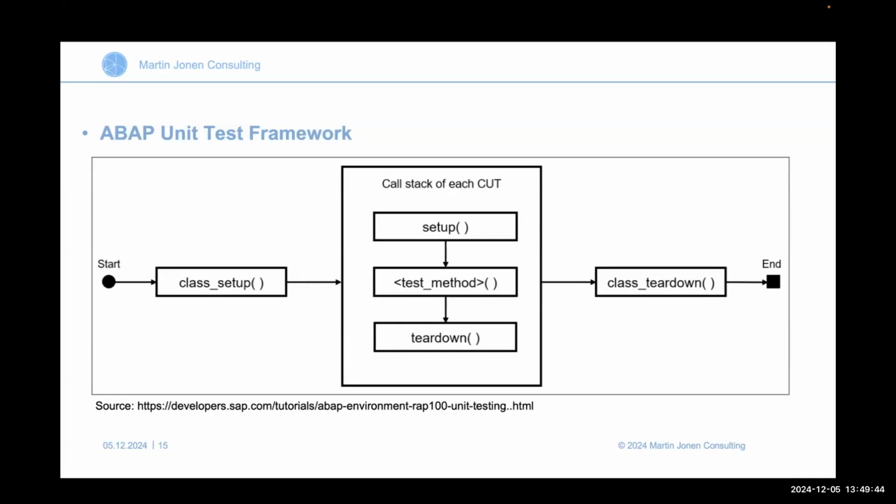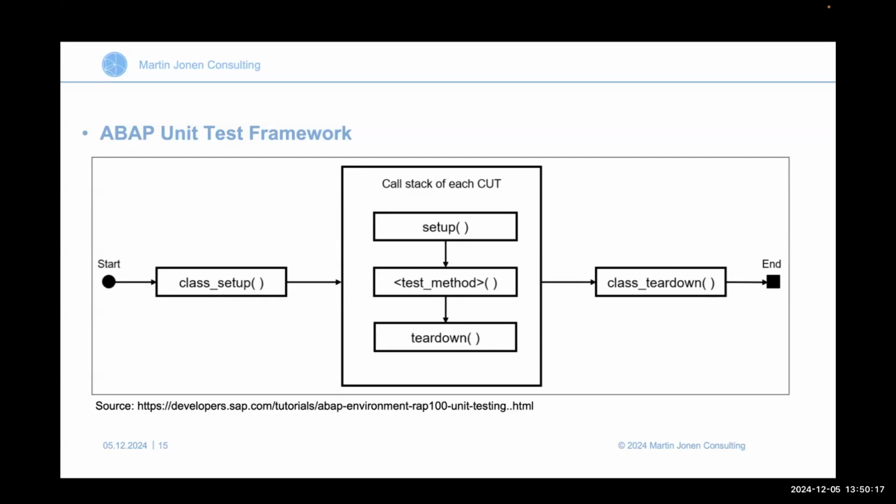Then for each test method we are implementing, we have a setup and a teardown method, which are executed for each test method. And then in the very end, we have the class teardown method. So we are starting here, this method is called, then our test method with the setup and teardown methods, and in the last step, class teardown. And then the test run is finished.